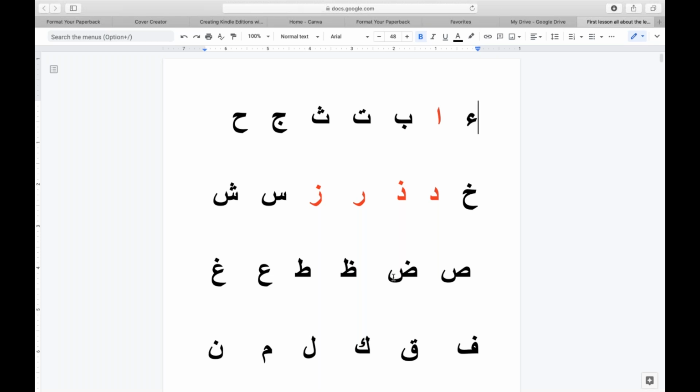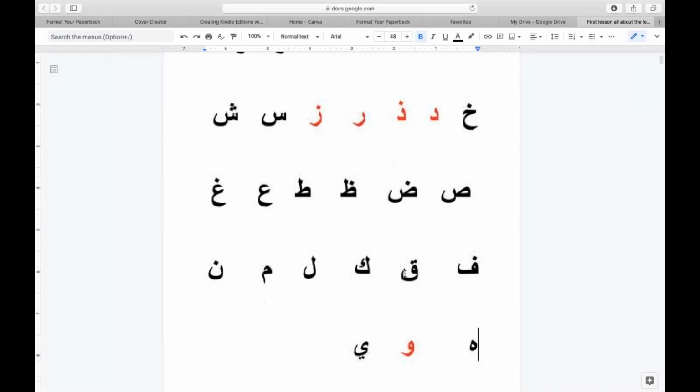Sad. Here, this letter, almost all Arabic speakers didn't agree. In Iraq and the Gulf countries, this letter sounds exactly like this one. Let me show you. So this letter sounds almost the same as that letter.